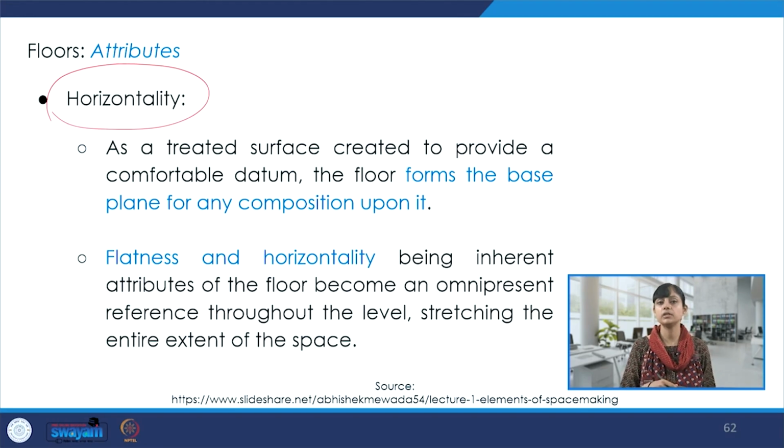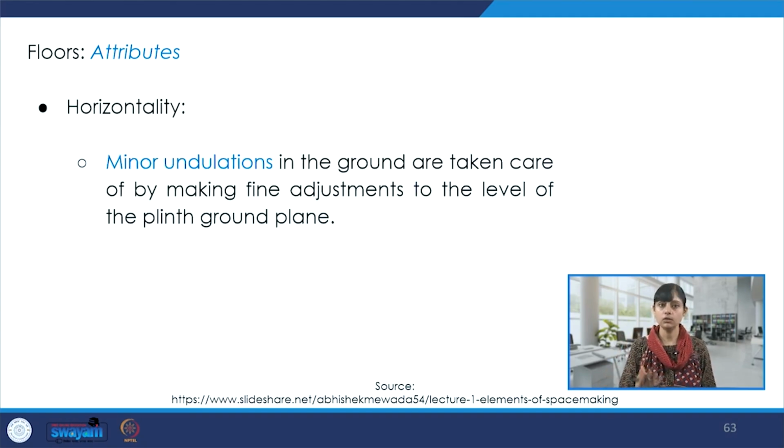They become very important references throughout the leveling within that interior space, and for how we mark the extent within a space, and through that reference, what the other reference points or deviation points are. Then, within the horizontality attribute of flooring, minor undulations are taken care of by making fine adjustments, and this kind of decision can be taken on site and easily worked upon.